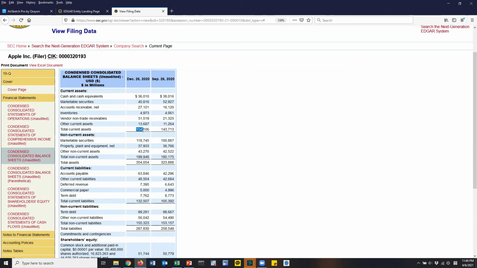You can cash 154 in 1 year, and in an extreme case, you can pay these debt holders the 132 by selling, for example, current assets. It's an extreme case, but anyway, by selling current assets, right? So financially, we can say that as current assets are much higher than current liabilities, Apple looks okay.